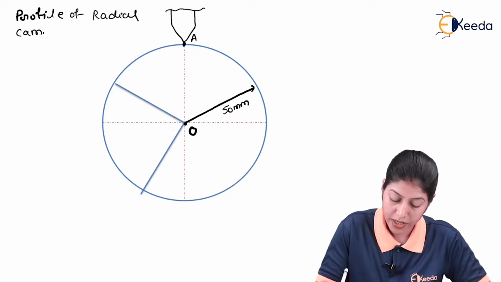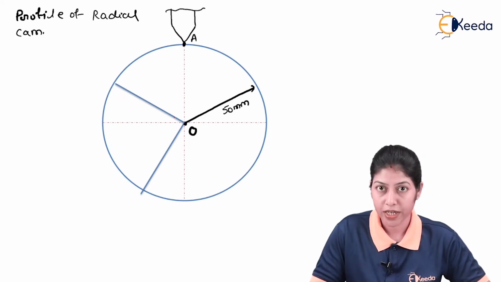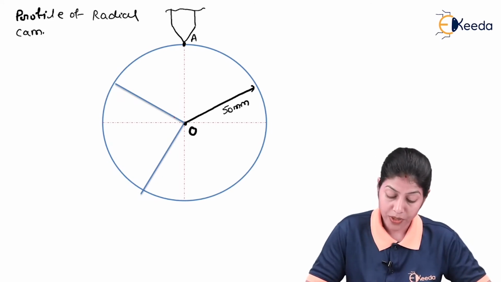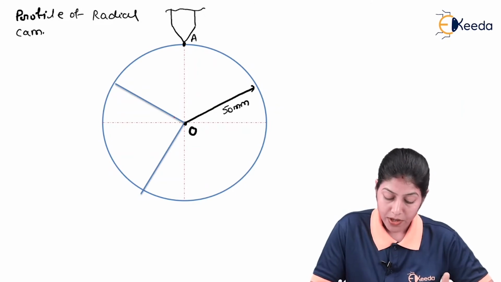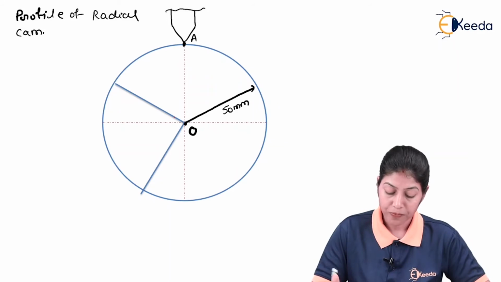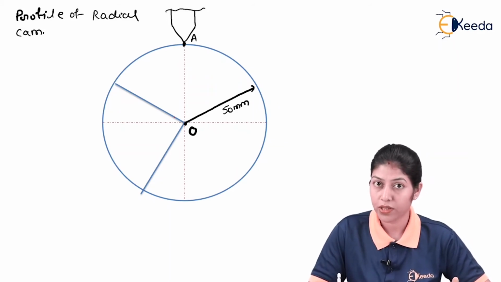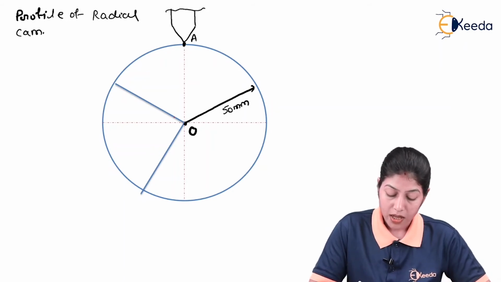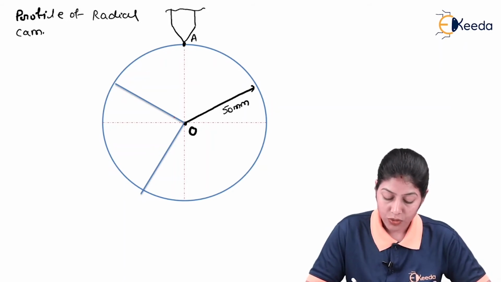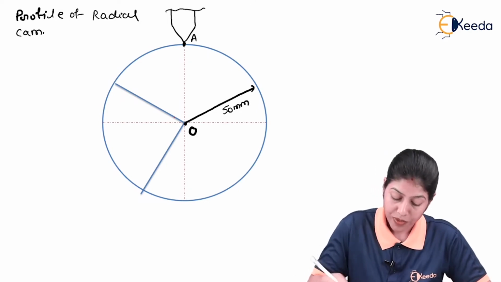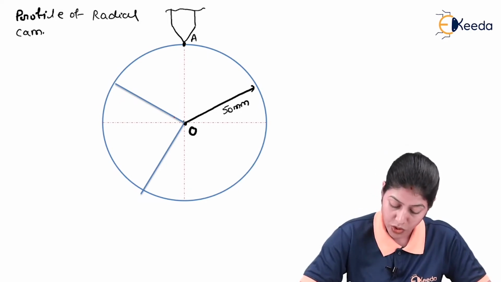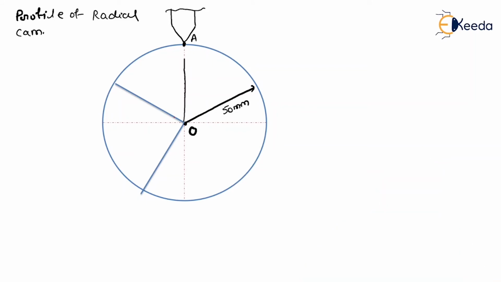So we will mark here the trace point as point A. Now after that, as per the previous concept of the radial cam profile which we have discussed in the previous lesson, we have the values of outstroke, dwell, return stroke, then dwell. So we will mark the positions of the outstroke, return stroke and both the dwells from point A. So here we have point A, so we will join A and O. This is the straight line.